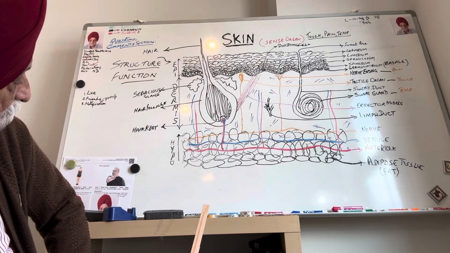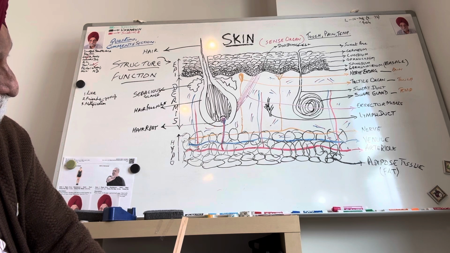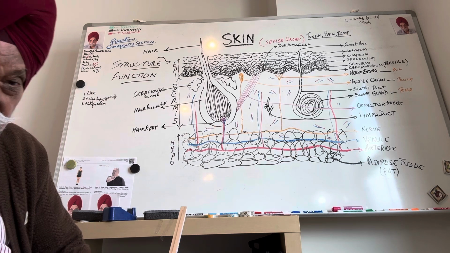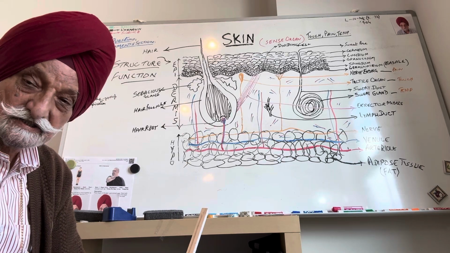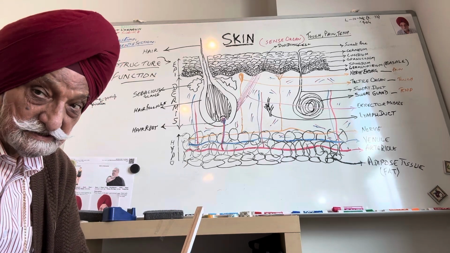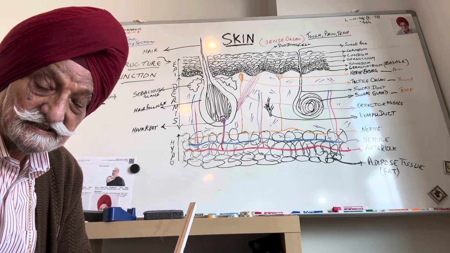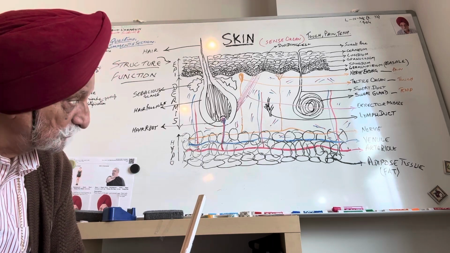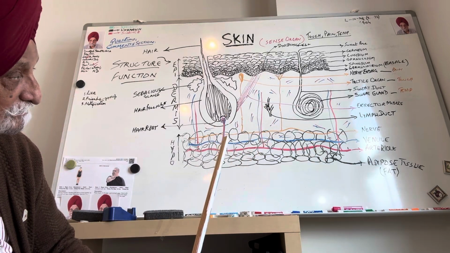Now, regarding the function of the skin, we have already discussed skin under the excretory system. There we saw it as an excretory organ, and we laid main emphasis on the sweat gland.